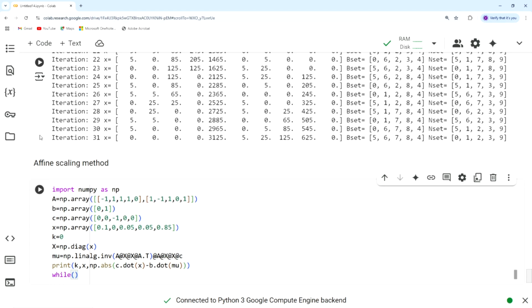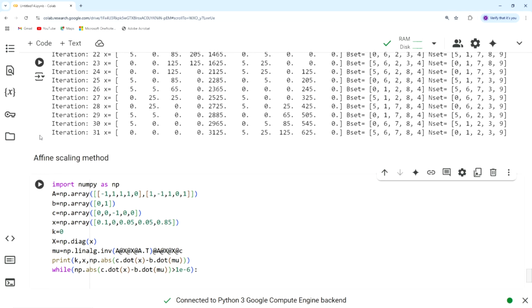So, while this absolute value, whatever we just wrote, C dot x minus B dot mu, is greater than tolerance. Tolerance is 1e-6, which you usually give, right.